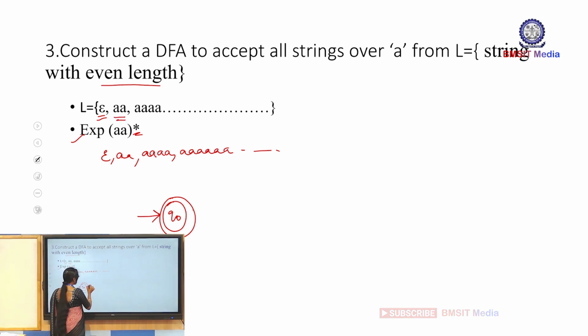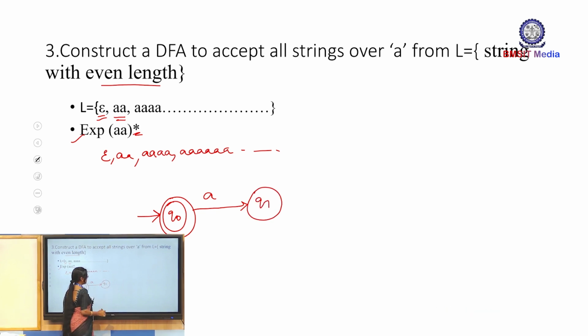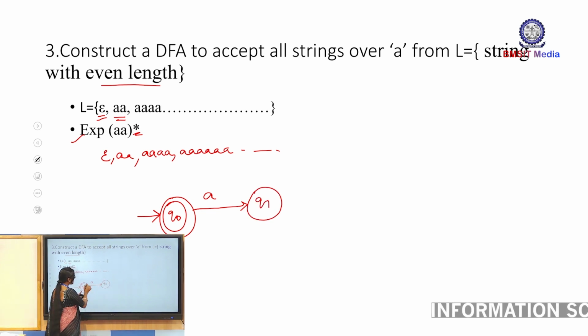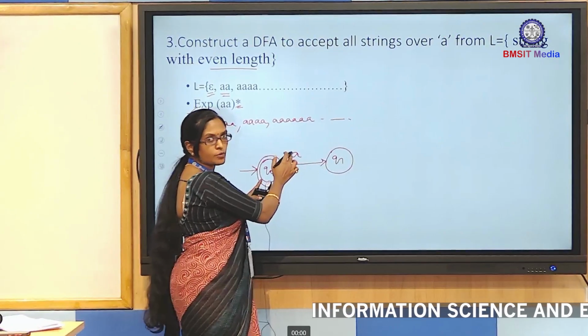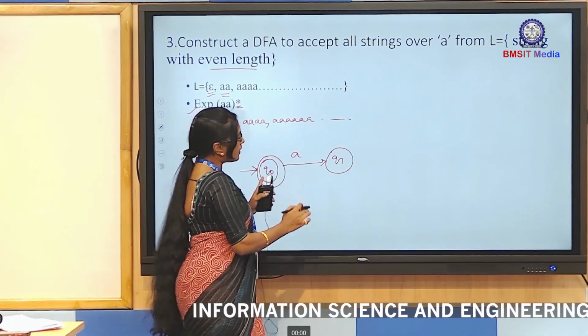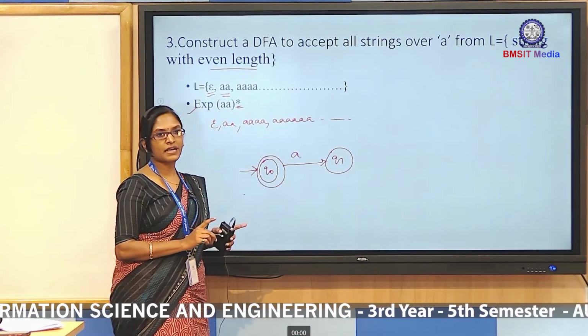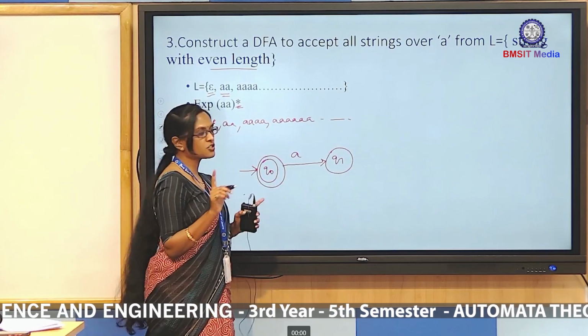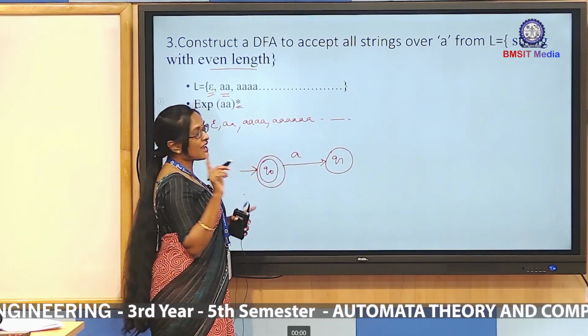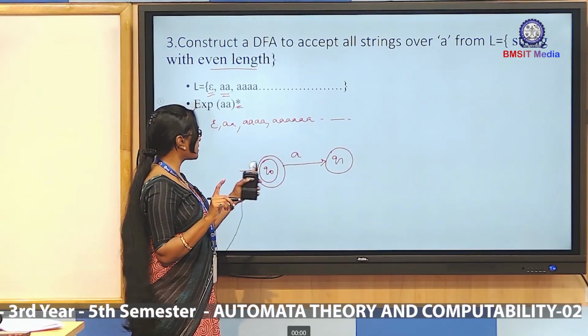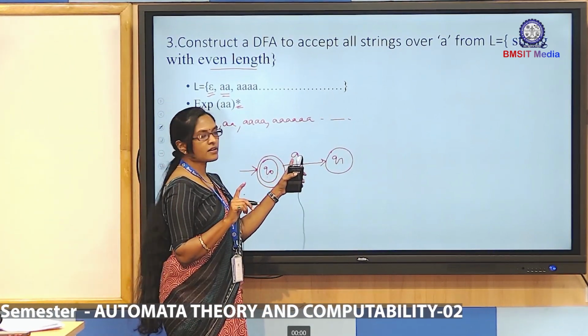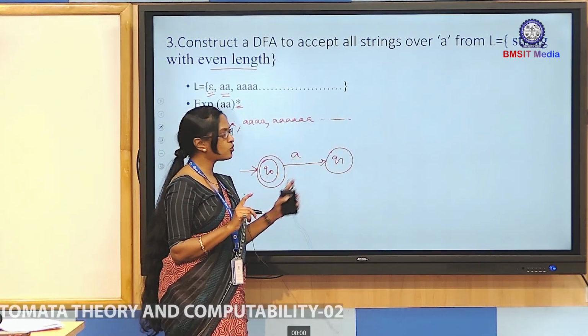So on accepting an A, it makes a transition to the next state, which is Q1. Now Q0 has made a transition on seeing an input symbol A. Now this is done. Now coming to the next state, in case of a DFA, always remember that every state must have one transition per input. So in this case, we have only one input symbol, which is A. So Q0 has already made a transition on seeing an A, it moved to Q1.